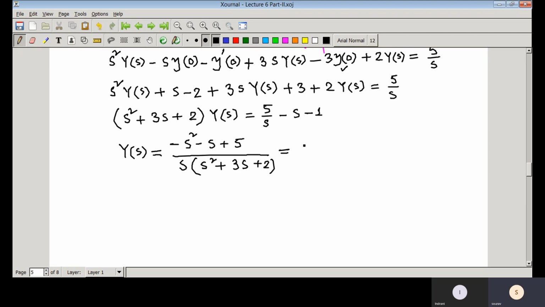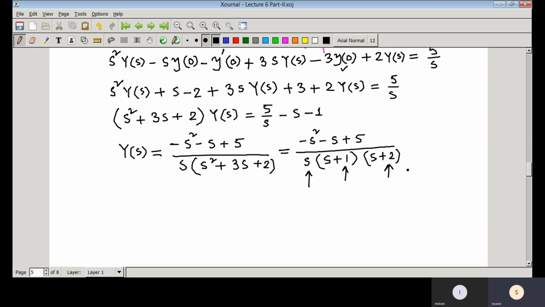So let us factorize the denominator term. If we can find the factors of the denominator term, then it would be easy for us to represent this particular expression in partial fraction form. So here you can see that there are 3 poles at s equal to 0, at s equal to -1, and s equal to -2.